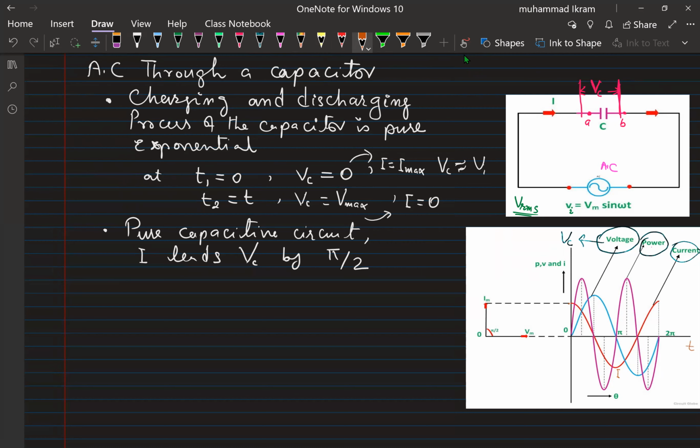This is time, or this is theta also, on both axes. At t equal to 0, what happens? I is maximum, as you see.